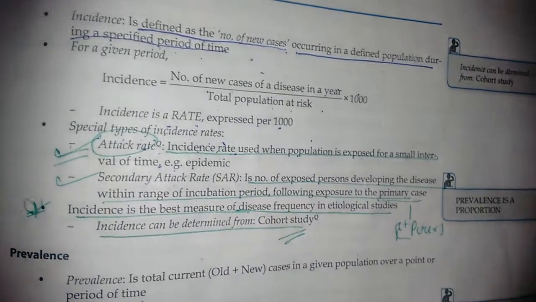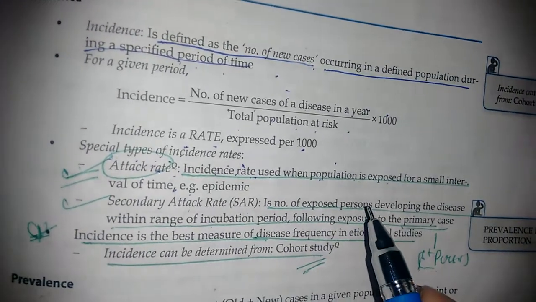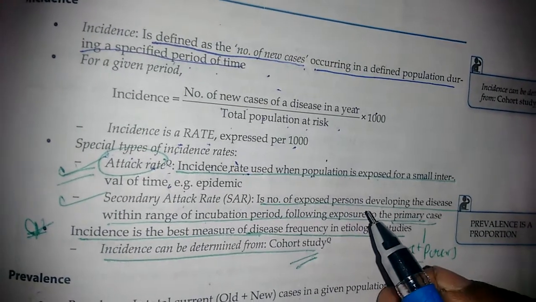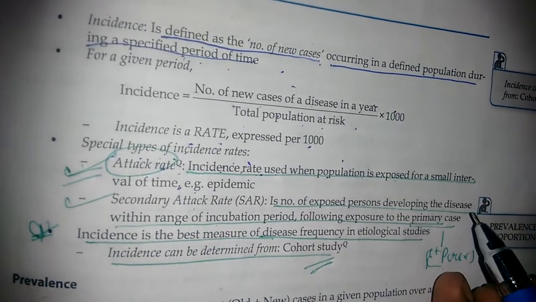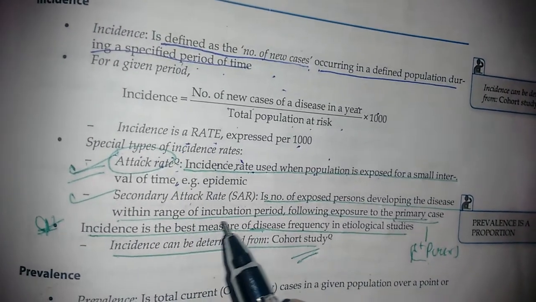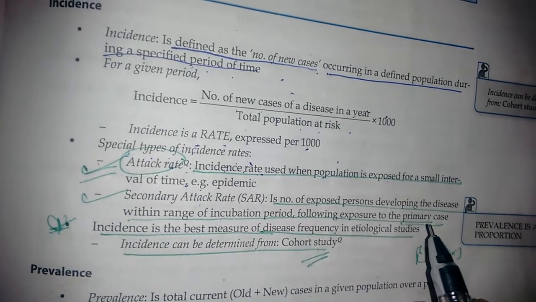For example, if there are 1,000 exposed people and 100 of them develop the disease within the range of incubation following exposure to the primary case.